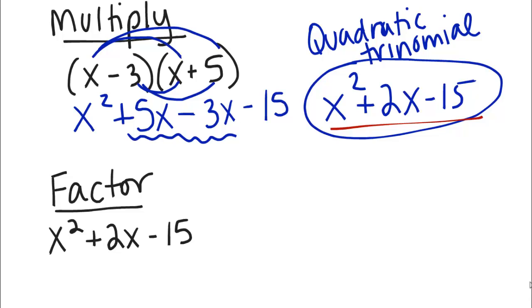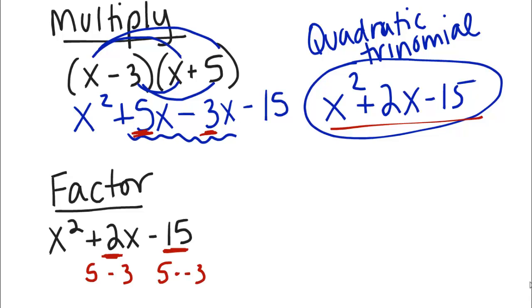The minus 3, you can actually see over there, and the plus 5, we can see back from our first step in multiplying. Notice the 2 came from the 5 plus a minus 3. The 15, or the negative 15, I should say, came from the 5 times the negative 3.